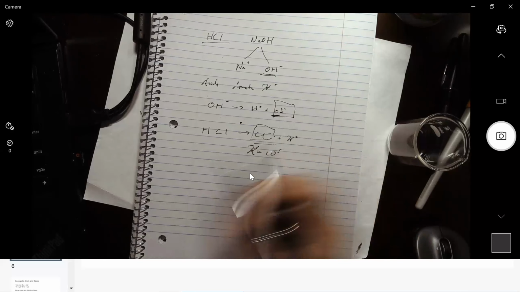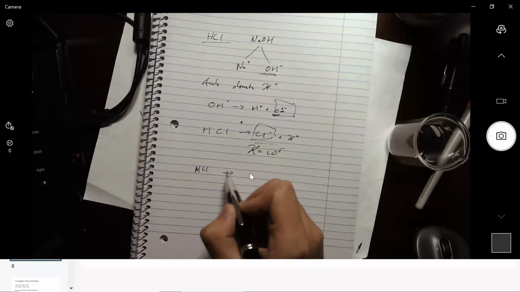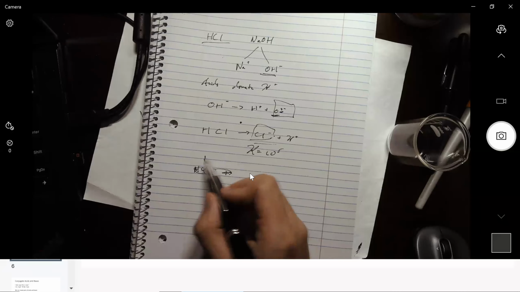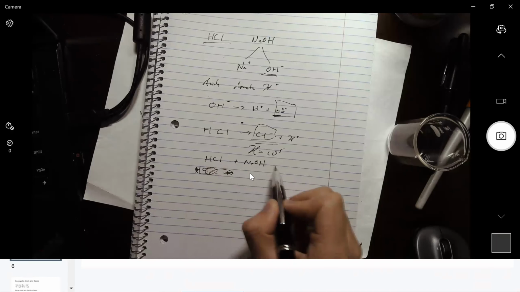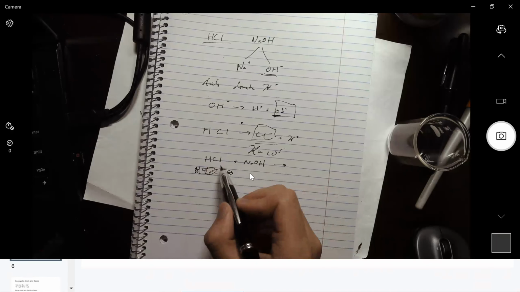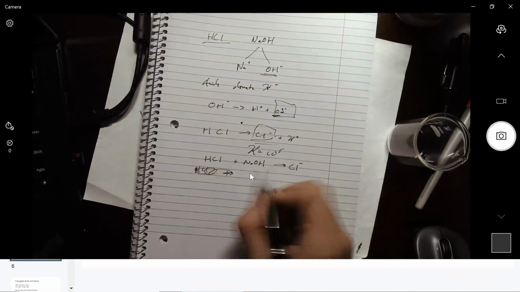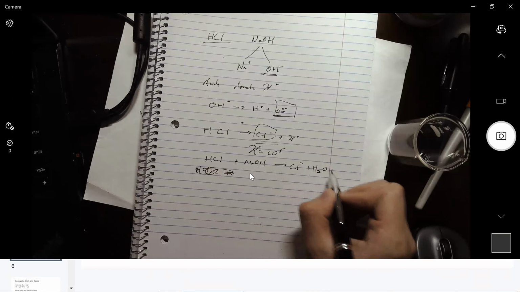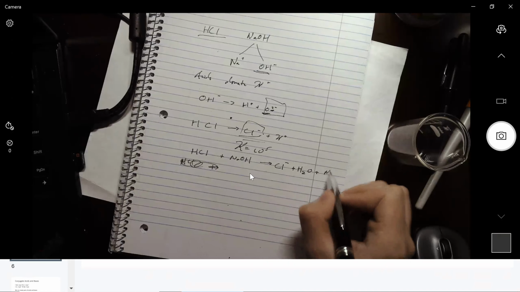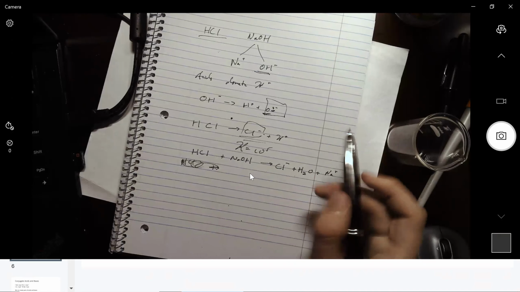So the reaction is HCl plus OH-. HCl loses a proton, so it forms Cl-. The OH- gains a proton, so we form water. And notice this, we have this reaction.